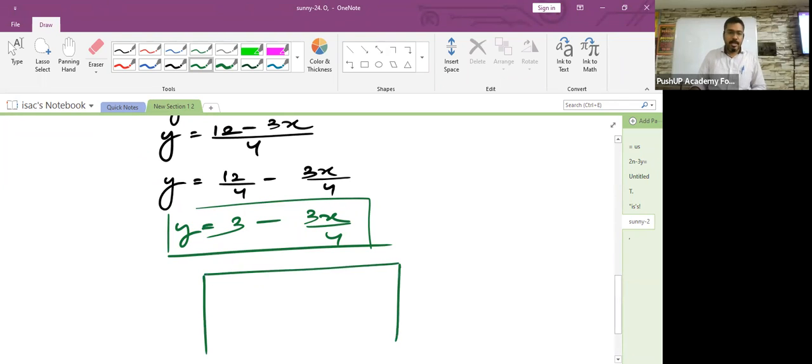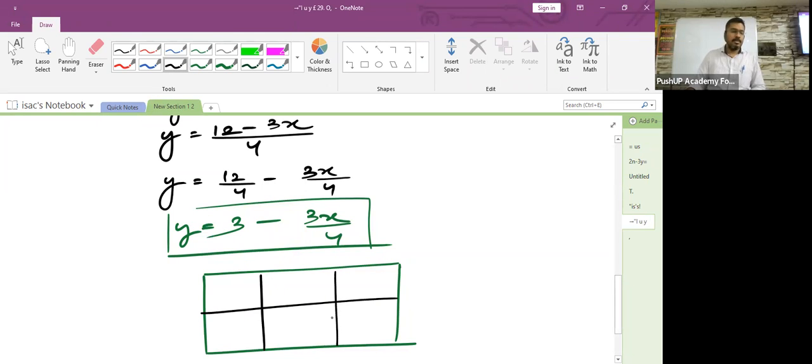Now let's prepare the table for this. Which are the values that you're planning to take? 0, 4 and 8. All right, so let's do it. x, y. The first value of x is 0. So y will be 3 minus 0, which is 3. Next, which value do you want to take for x? 4.